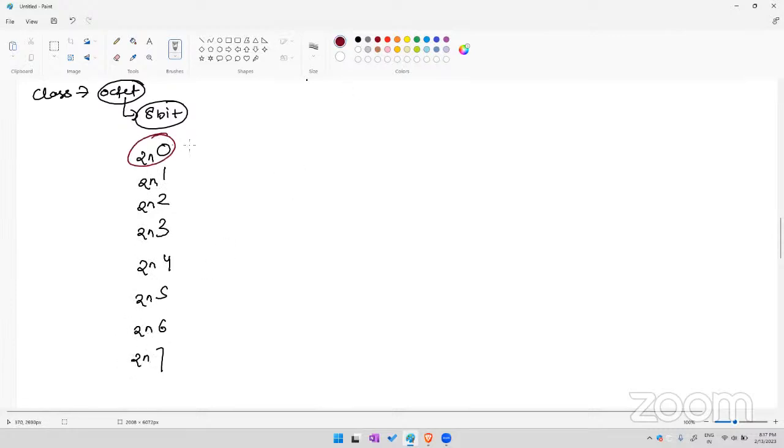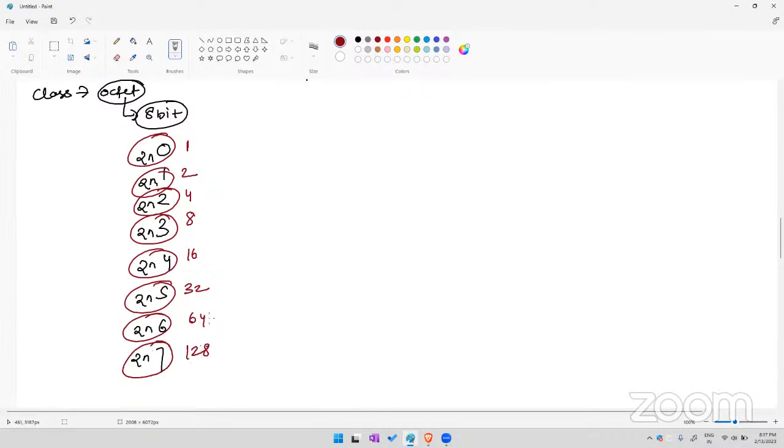So 2 power 0 means 1, then 2, 4, 8, 16, 32, 64, and 128. We get those values after using the formula. Now, create a box one more time.